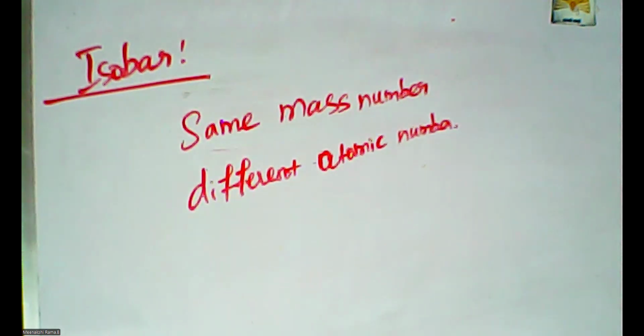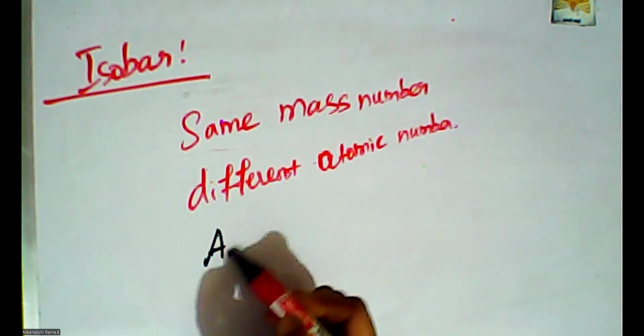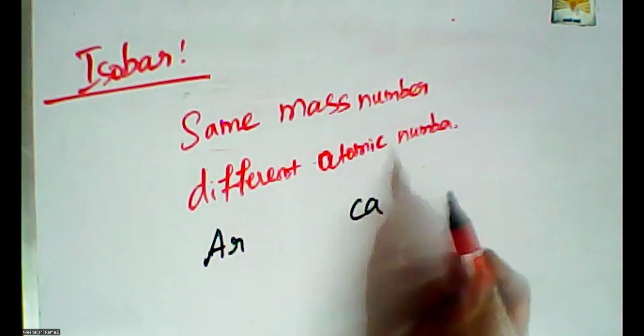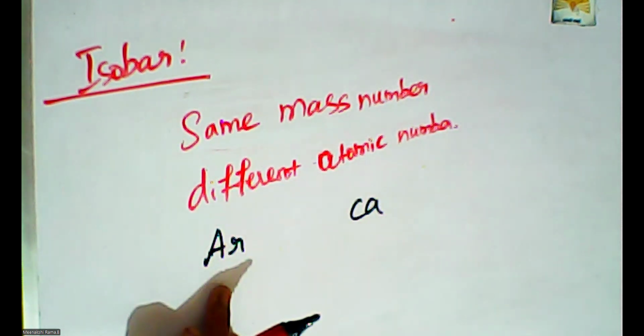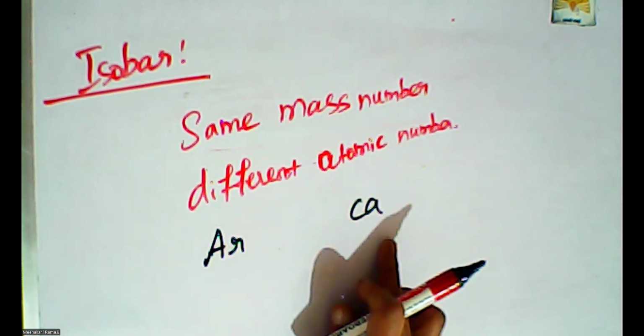So the example of isobars is argon and calcium. The symbol of argon is Ar, and the symbol of calcium is Ca.